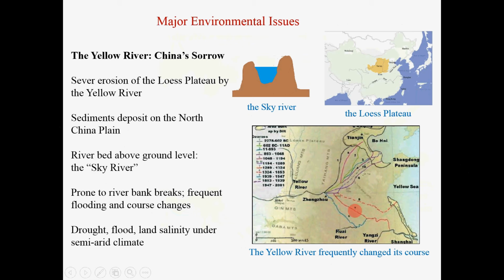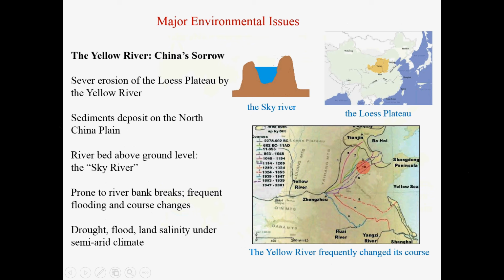This is a region with very high population density, and every time you have a flood, many people drowned and cropland and communities were destroyed, causing a huge amount of loss to this region. And that's not the only problem.